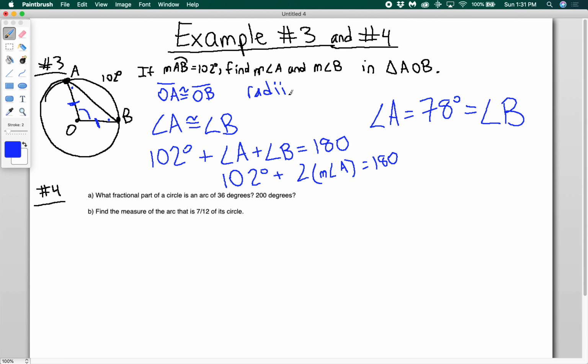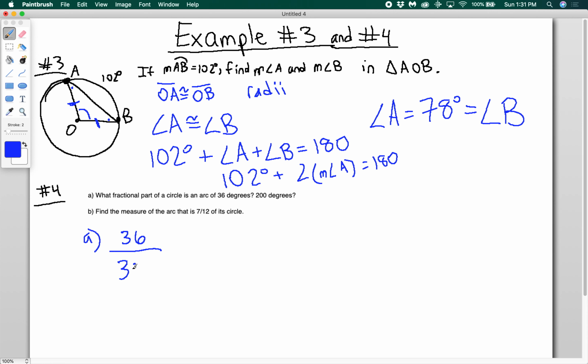Okay? Good. Number 4. What fractional part of a circle is an arc of (a) 36 degrees, (b) 200 degrees? So here's what this is asking. If I have an arc that is 36 degrees, then what fraction of a circle is that? The way that you do that is for A, we just do 36 divided by, well, how many degrees are there in a circle?